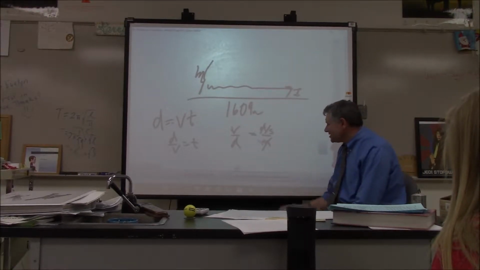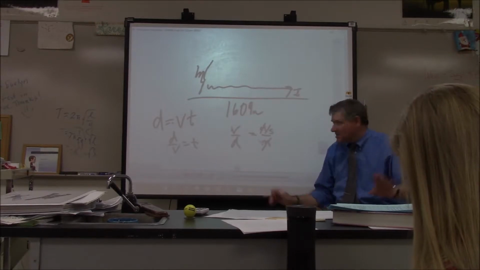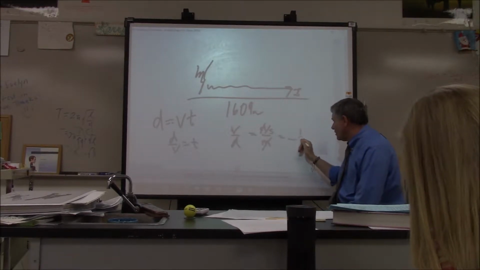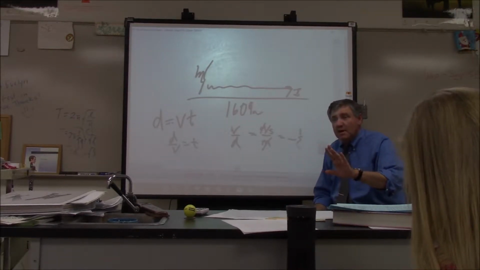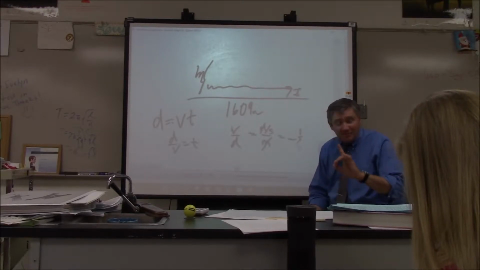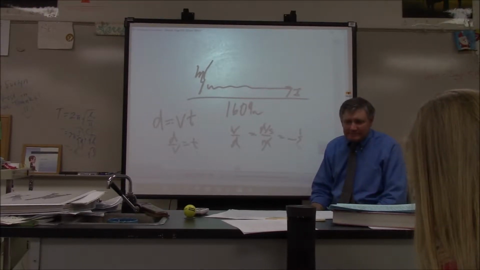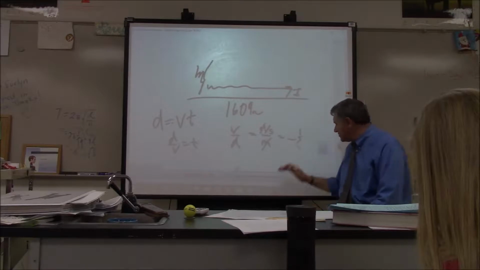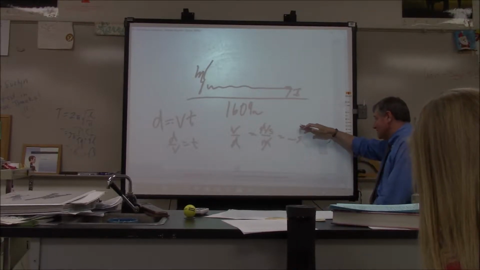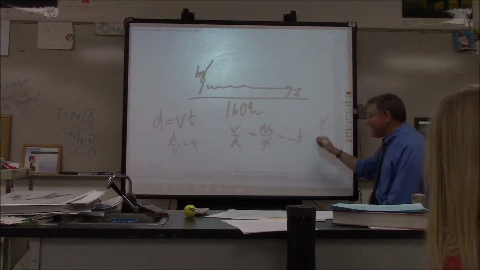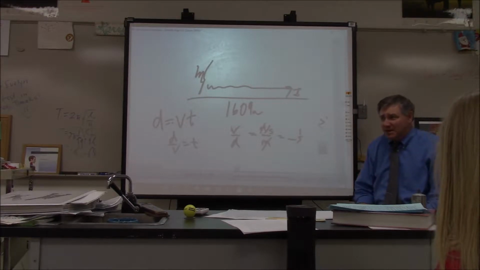You can't sit there and go, and I've seen kids do this, like they will come over here and write 1 over seconds, like when they're working the problem. They will write this down. But they go, I don't know what to do. And so they'll write the wrong answer, and then they'll just magically write seconds. Okay?